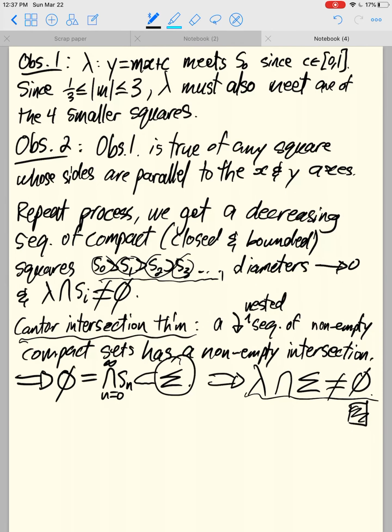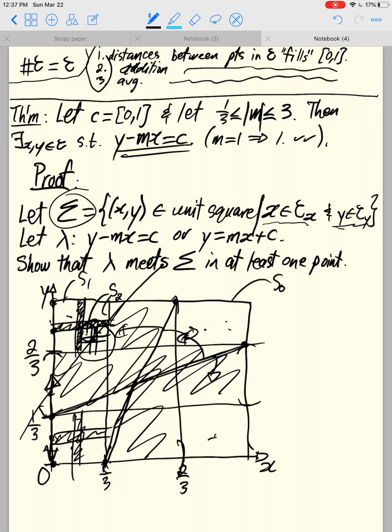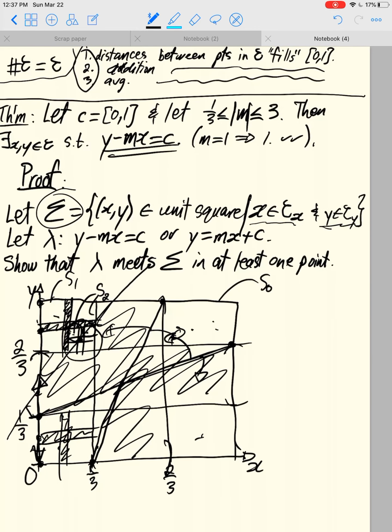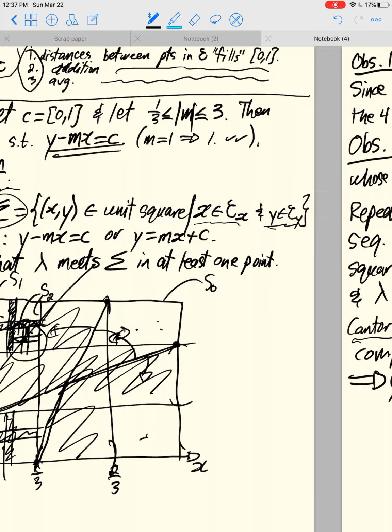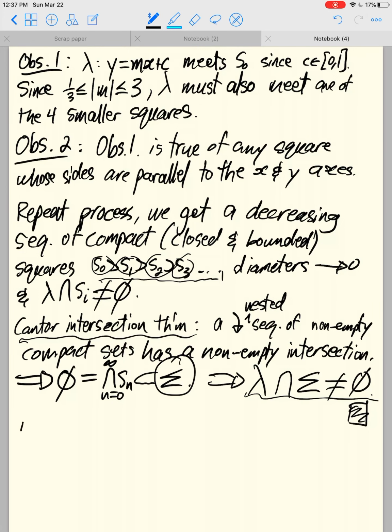And so just to come back to our 3 corollaries, we've already shown that if we take m equals 1, then we have that the differences between points in the Cantor set, y minus x equals c.